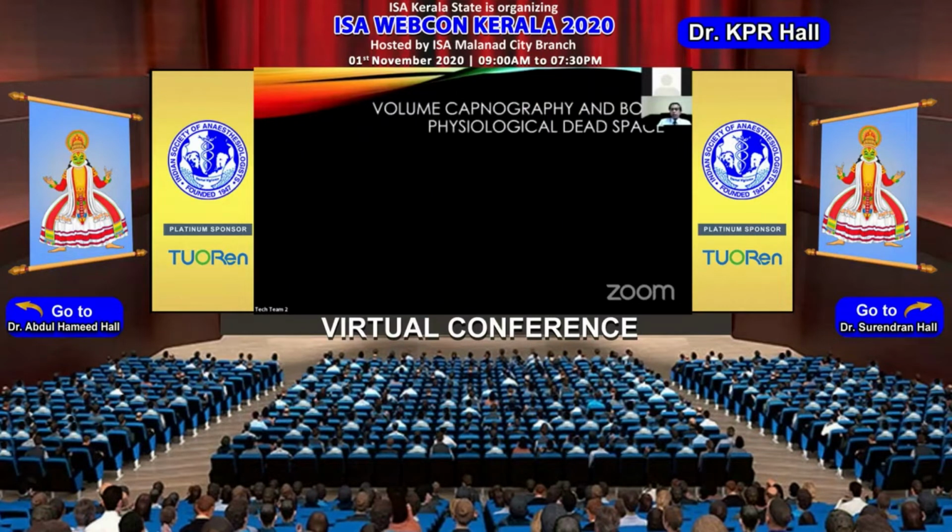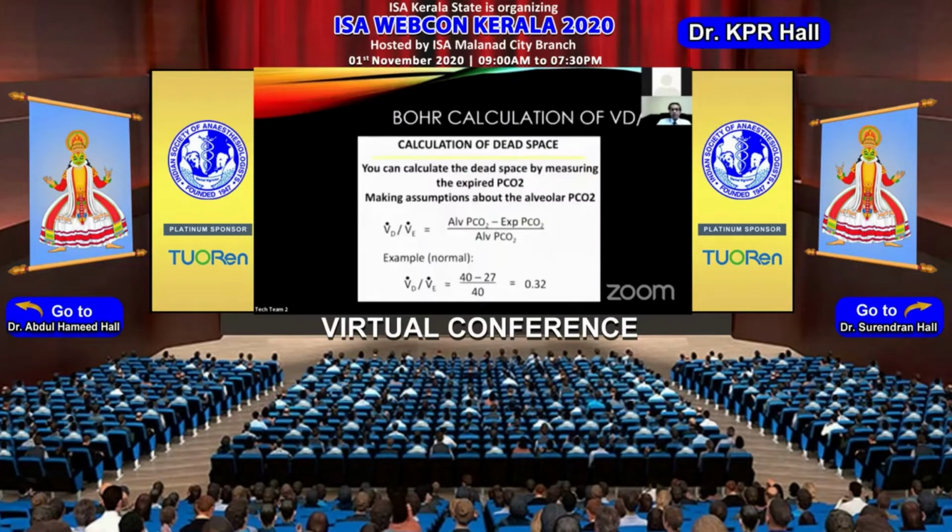Now, volume capnography and Bohr's physiological dead space. We all know that Bohr's original physiological dead space calculation was the alveolar PCO2 minus expired PCO2, divided by alveolar PCO2, and roughly it is about 0.3.